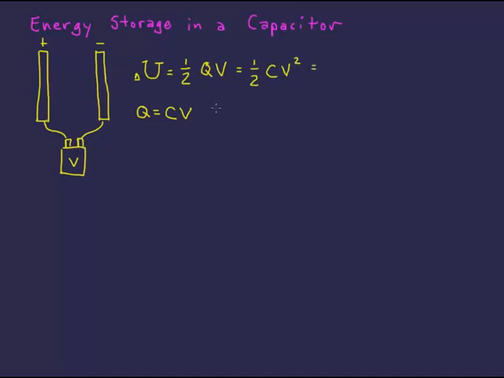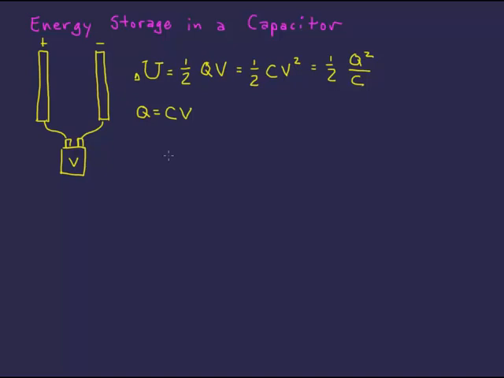And I can solve this for V and substitute it in here, and I get that it is equal to 1/2 Q squared over C. So you notice we can represent this using any two of the three variables that show up in this equation. And using this is simply a straight matter of plugging numbers into the equation.